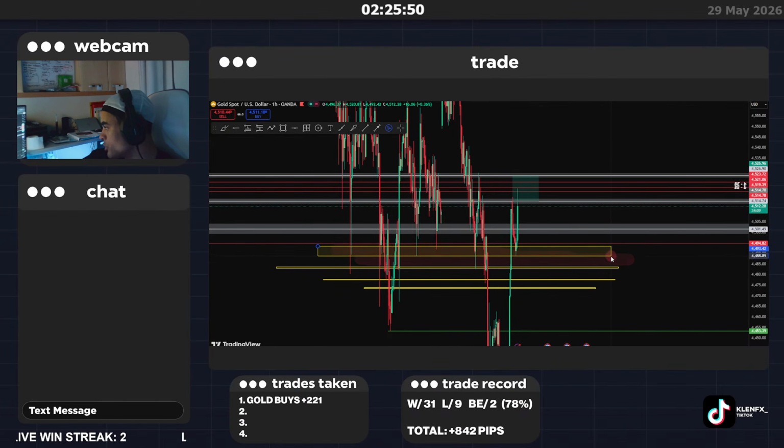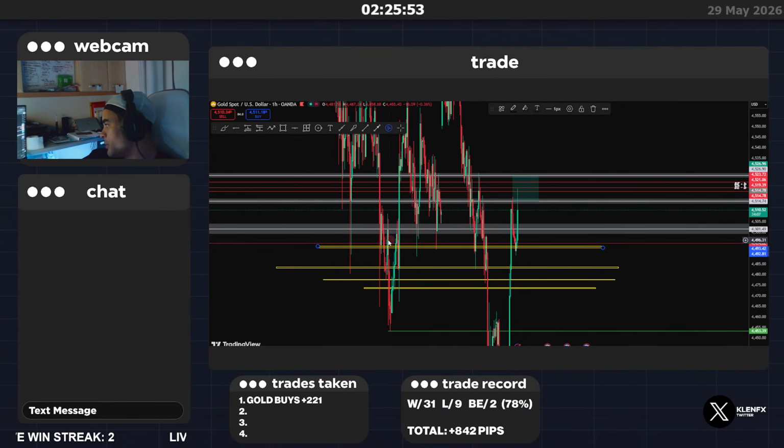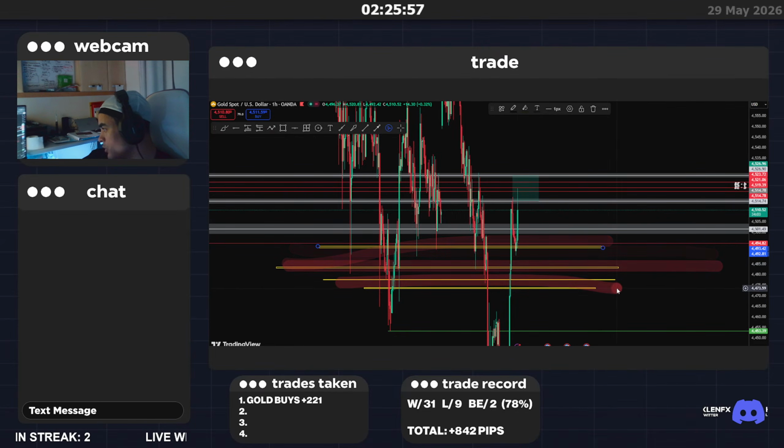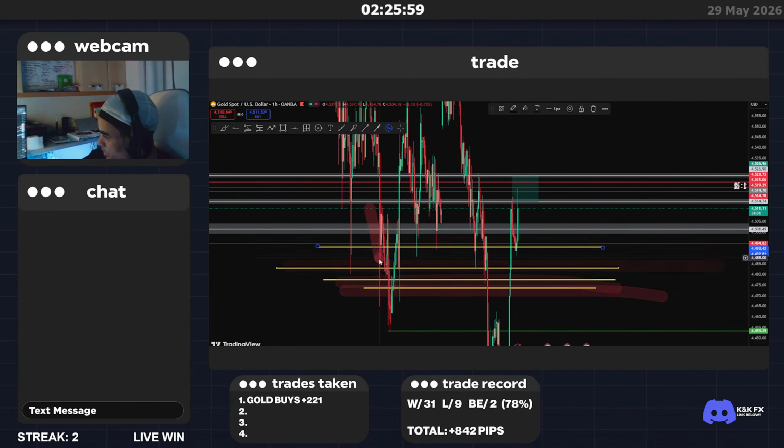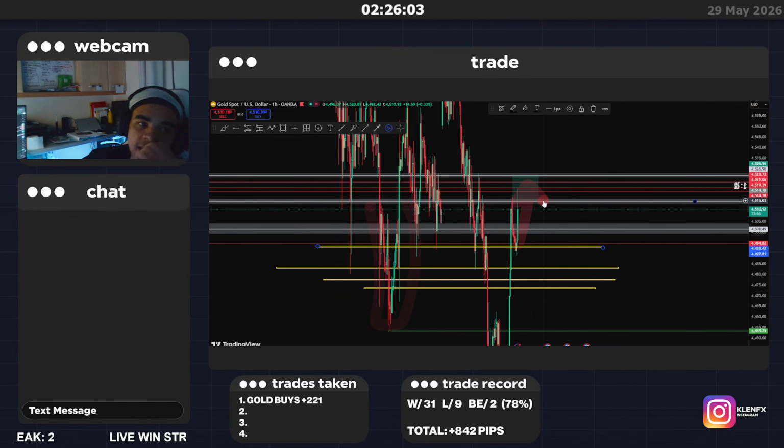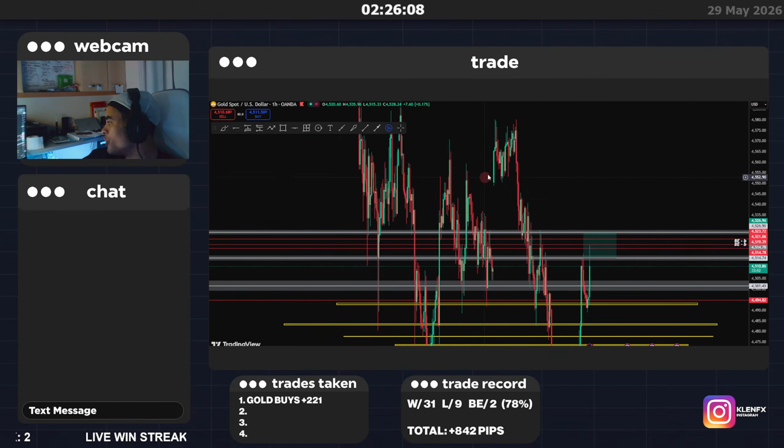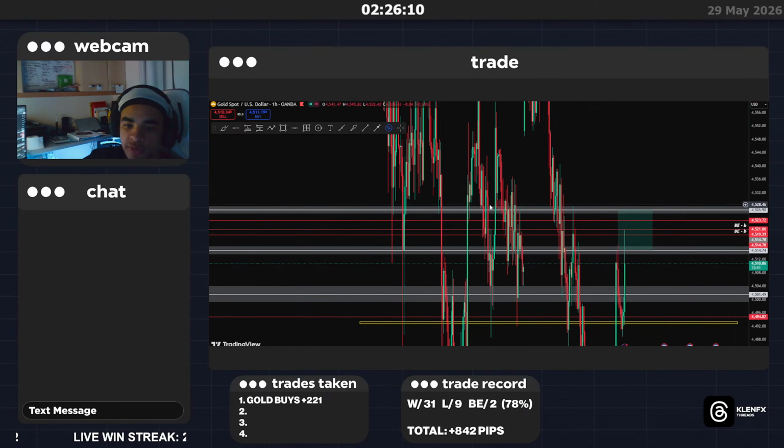Obviously, if you drew it with a box, you'd be looking at like here. But the way it rejected off of that, could have potentially rejected off the one at the bottom here, or even ones up here. But the fact that it respected this whole bottom wick area before driving back up, icing on the cake. That is beautiful. And it's only 226.